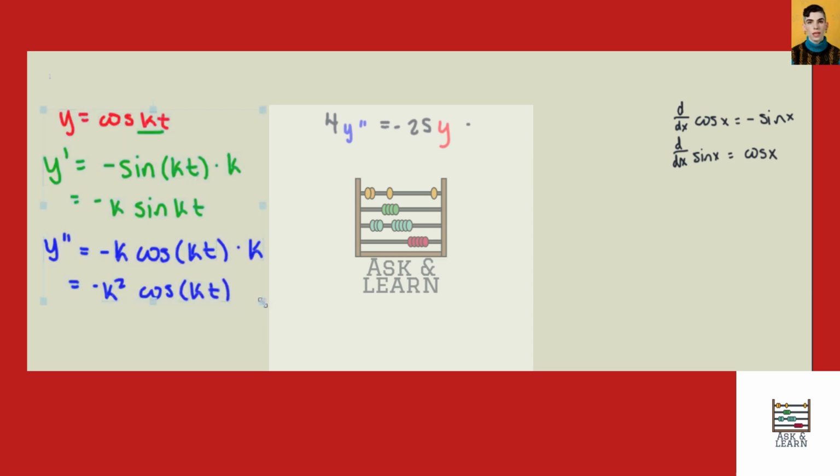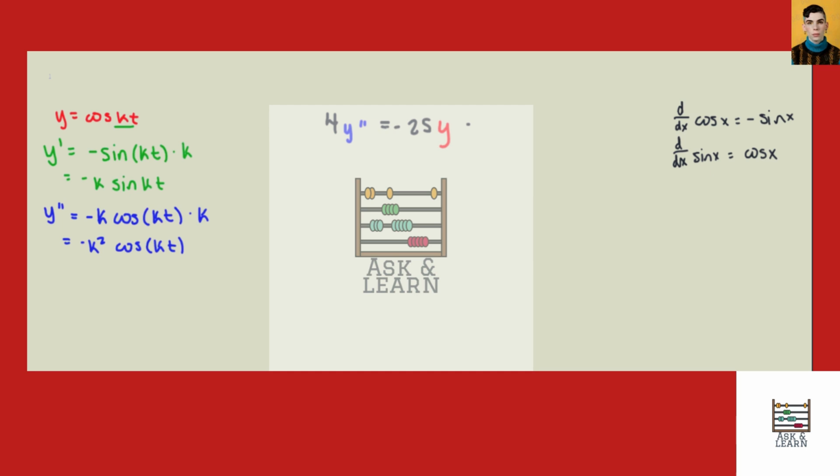So we're going to use all three of these equations, and we're going to plug those into our differential equation here. So we have 4 times our y double prime equation, which is negative k squared cosine kt, and set it equal to negative 25 times our original y equation.